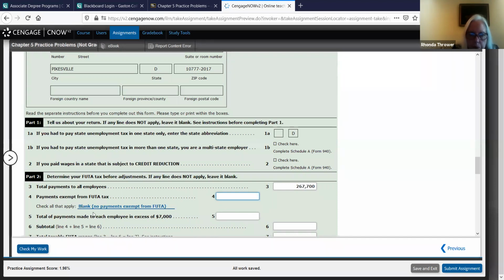Let me see here. Total payments made to each employee in excess of 7,000 was 183,700. That's from the spreadsheet. And I think what they mean right here is like if we had paid our employees, so we had contributed to their 401k plan, that would be listed there.